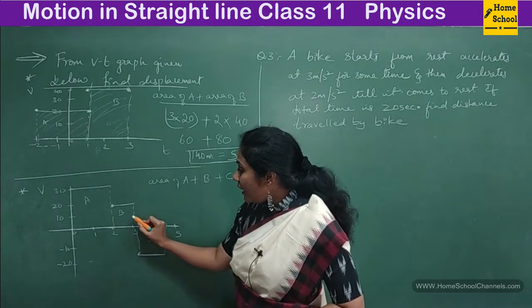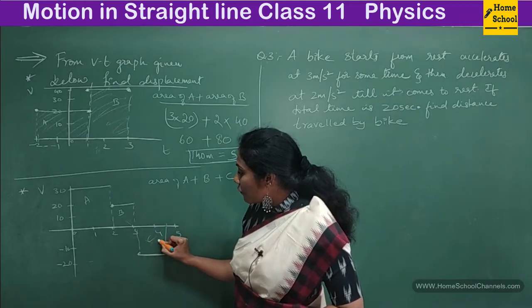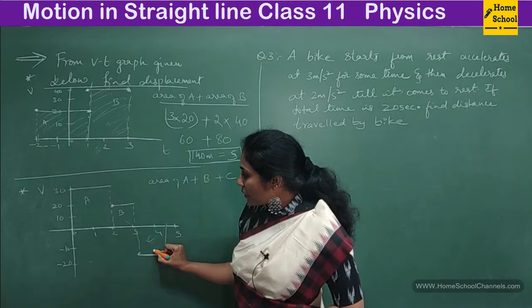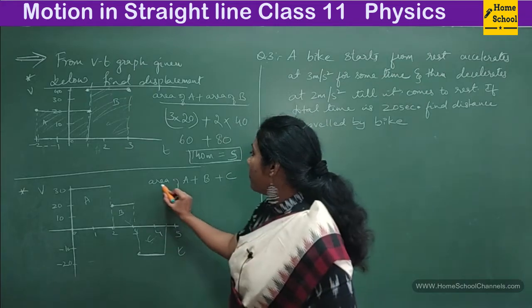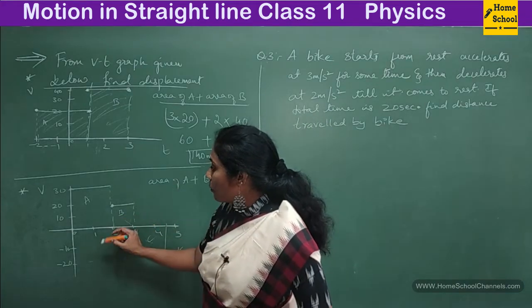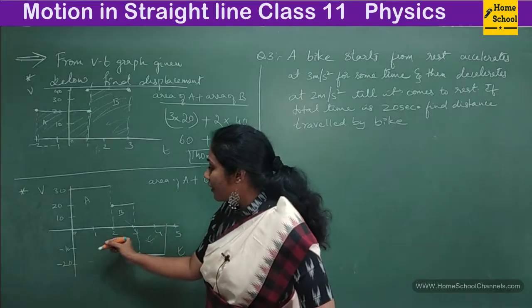And anyway, the area of this and the area of this will get cancelled. See how they get cancelled, you will understand now. Just observe. The area of A is length into breadth, right?